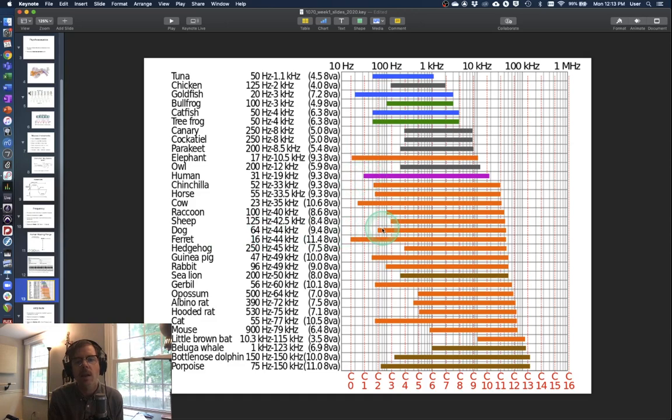My dog Eddie hears frequencies slightly above, up to almost 100 kilohertz. So he can hear sounds much above mine. And so everybody's got a unique way of perceiving sound.